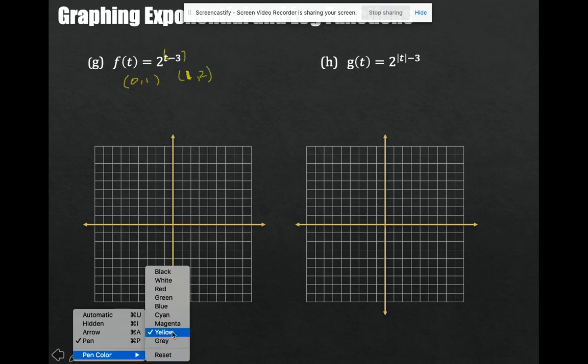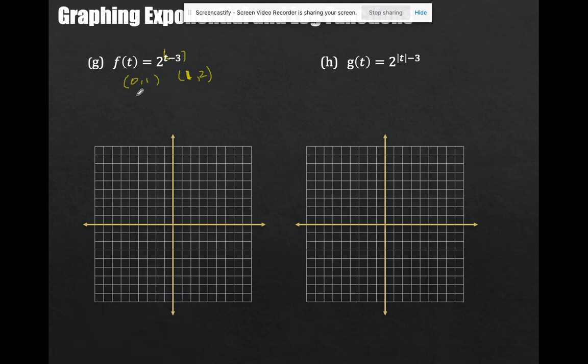I've operated on the domain, going right 3. And of course, I still have my horizontal asymptote at y equals 0, and I didn't do anything to y, so it's still there.